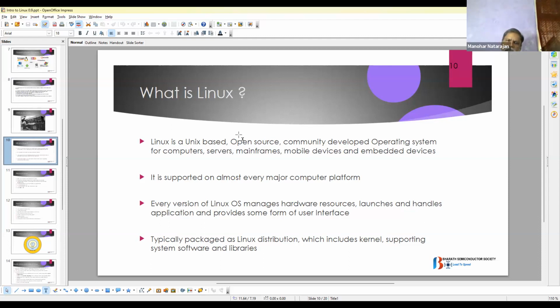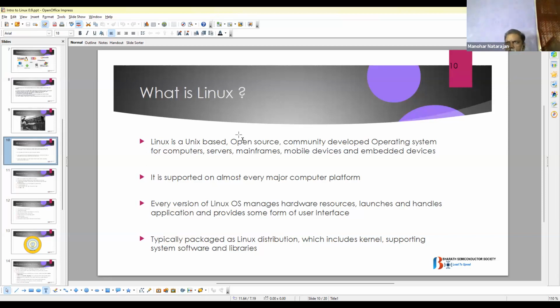There are different versions of Linux out there, and there is a reason for that, which we will see. Pretty much all of them manage the hardware resources, launch and handle applications, and provide some form of user interface. How it does so varies depending on the distribution, but the core philosophy of Linux remains the same.